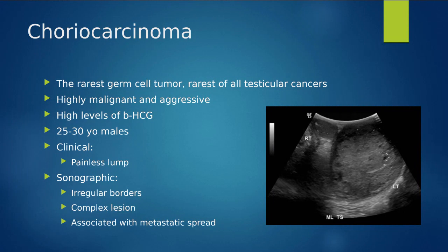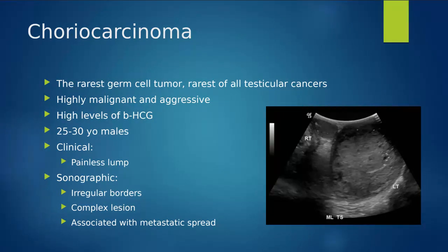So that blood work is going to correlate to this type of very rare and aggressive cancer in a male patient. We also see choriocarcinomas in female patients as well, and they kind of do the same thing in the uterus. We get these high levels of beta HCG in a woman who is not really pregnant. So it's kind of a little bit of a tricky situation to navigate. And same thing with this picture here.